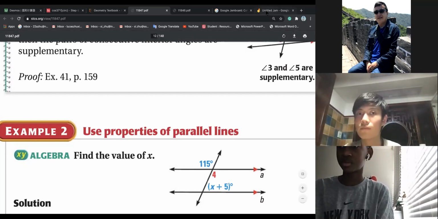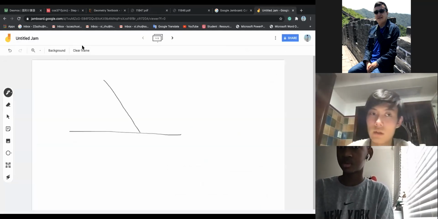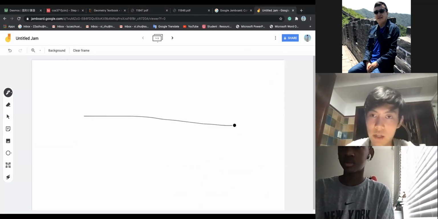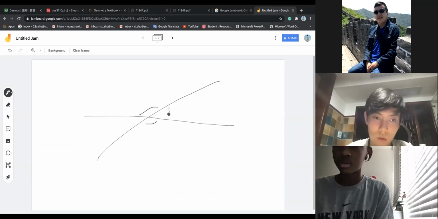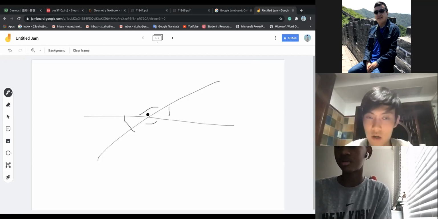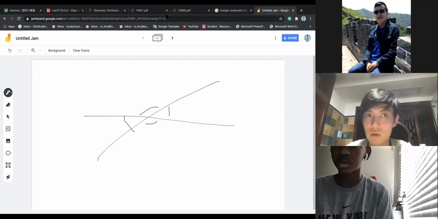We talked about this. Any two lines that intersect create 4 angles. This angle and this one are always congruent, they're equal. And this one and this one, the opposite angles, are also congruent.